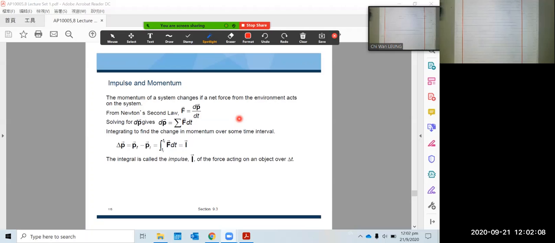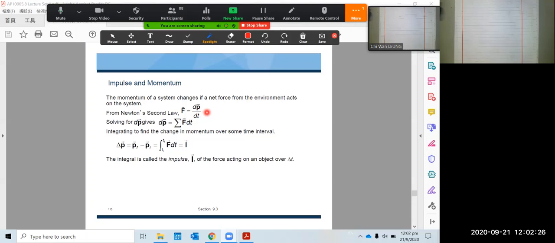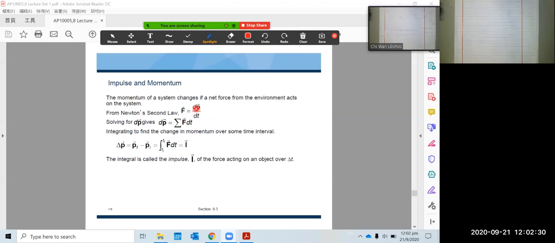Now, as we will see, according to Newton's second law, the force is equal to the rate of change of linear momentum. This rate of change of linear momentum, you could rewrite in the form of the average rate.